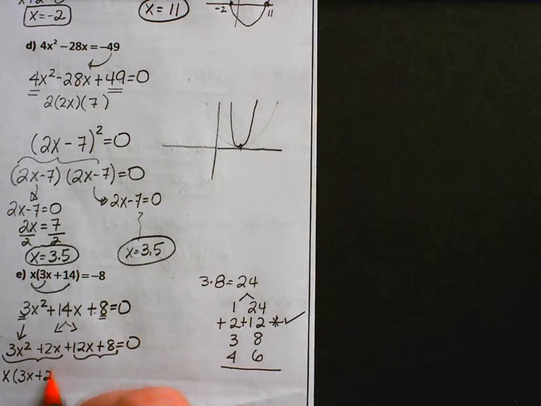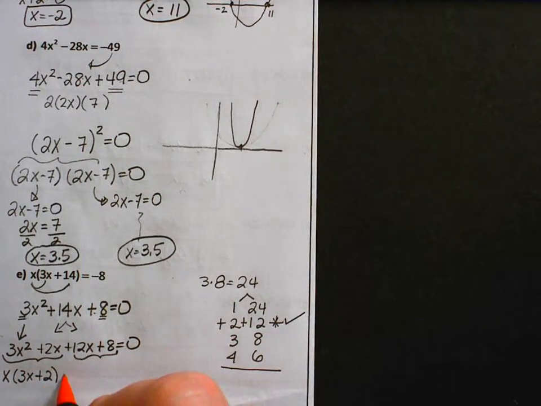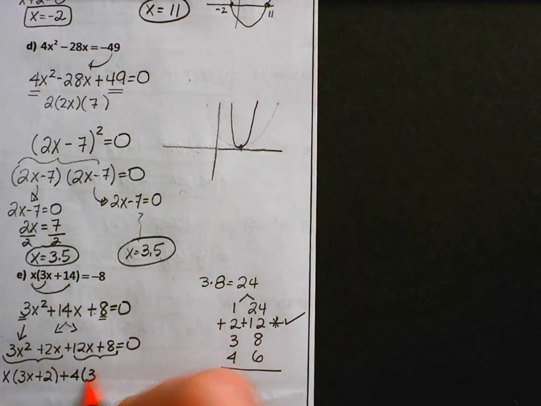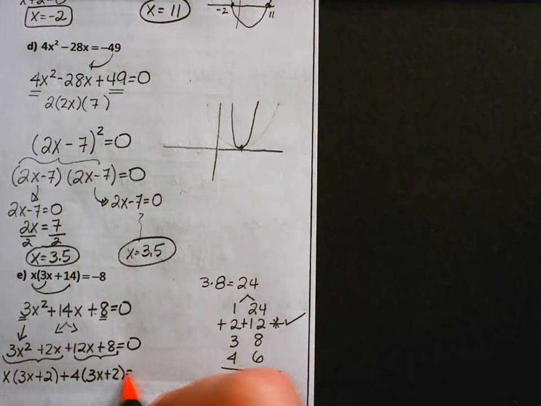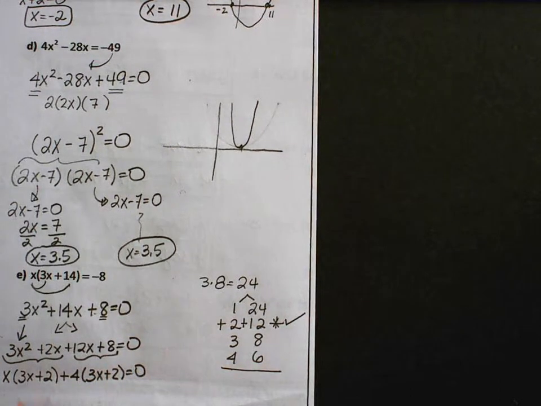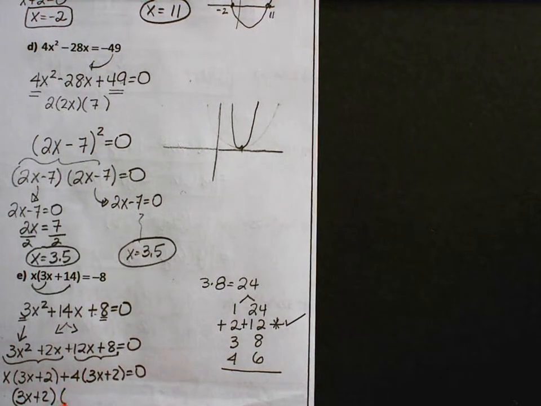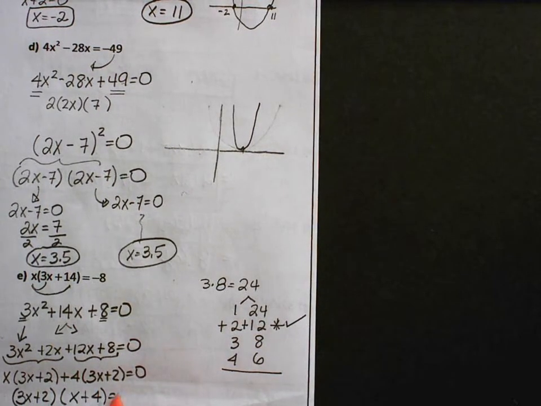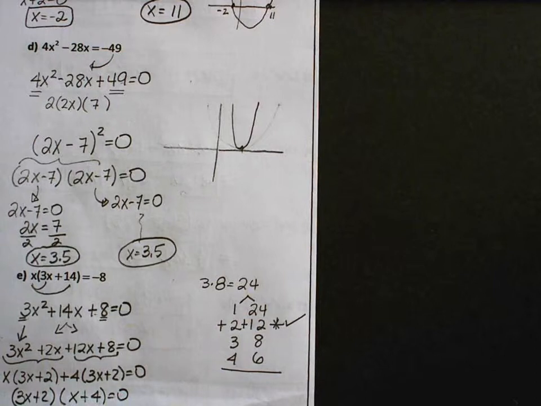On the last two, what can I factor from 12x and 8? The answer is 4. So this becomes 3x plus 2. Now, what repeats on these two terms? 3x plus 2. And if I remove the 3x plus 2, what's left over? x plus 4.